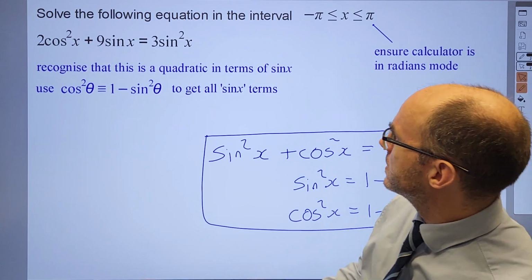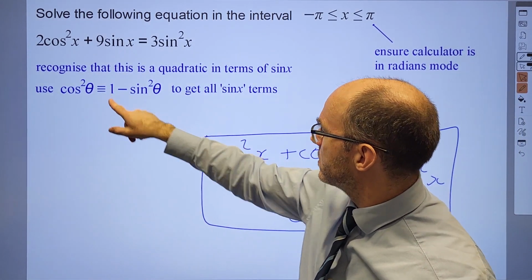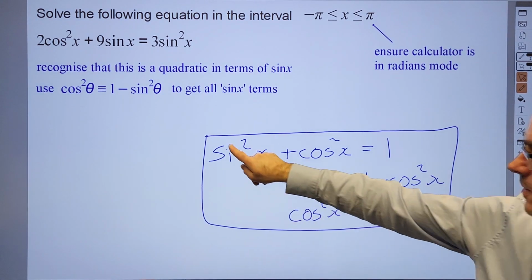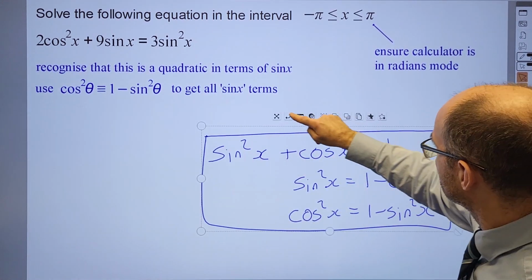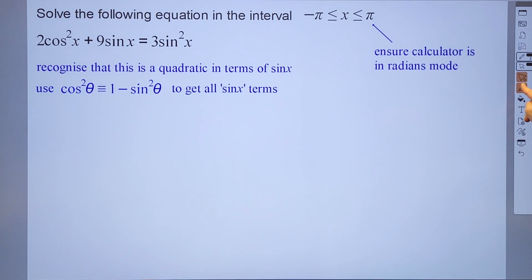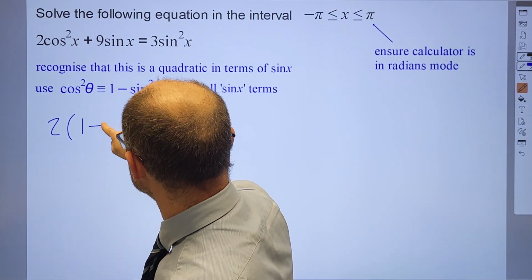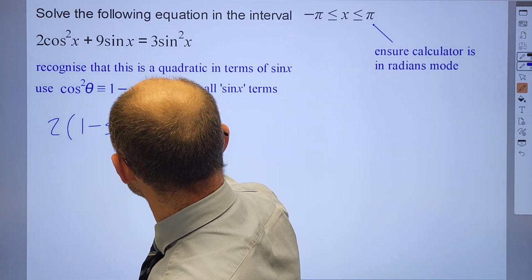Okay, so if you use this one, I'm going to rub this off now. I'm just going to stand away in case you need to screenshot that. Okay. We'll use that one, and we're going to write down what we get. So 2, and then 1 minus sine squared x.